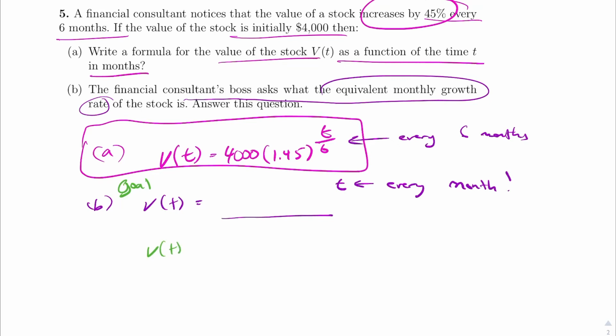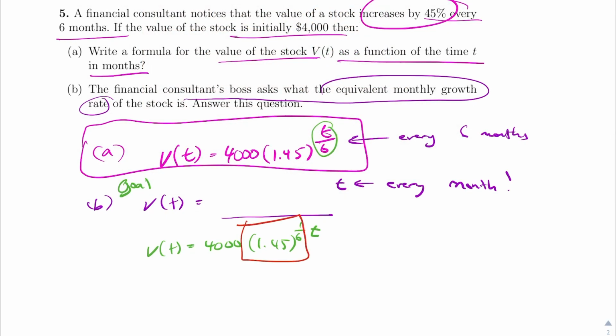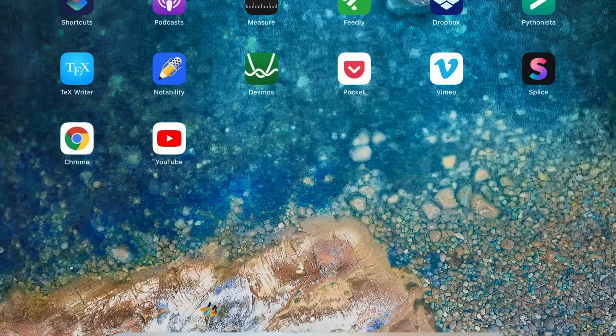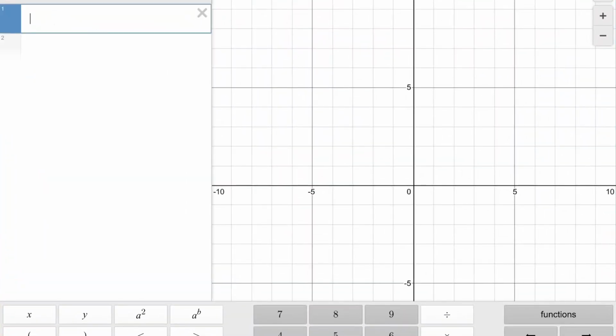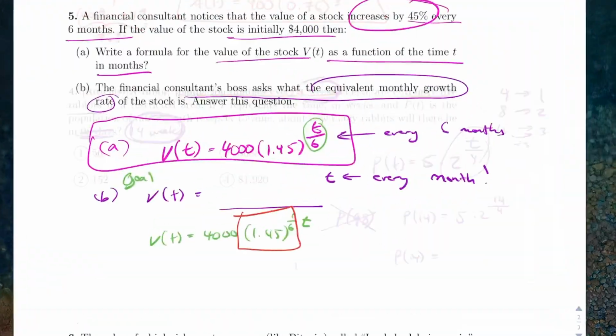So we start with what we know, the original pink formula. We separate out the variable from the fraction, so this gives us 1 over 6 t. And then this part here is just a number. We can compute it. And you could either use a root, or you can actually just use a fractional power like this. And you get 1.064.